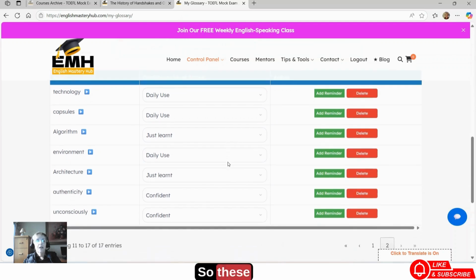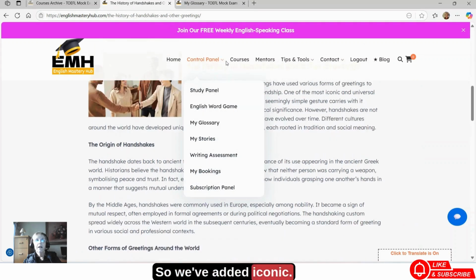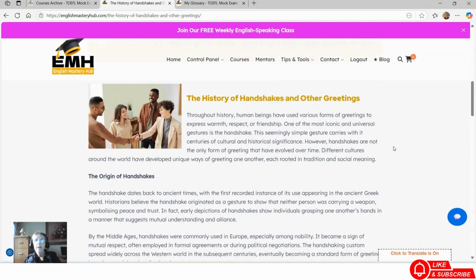So these are all there. Iconic will be added to this list as well. Going back to the article, so we've added iconic, universal gestures. Let's look at gestures.